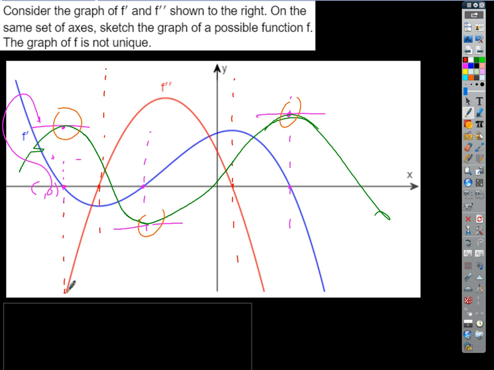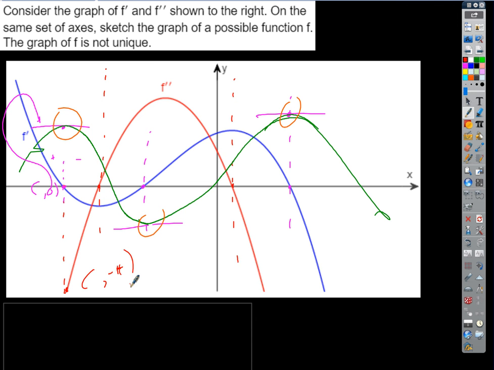Everybody agree? If I look at this point on the second derivative function, I'm going to get some x value. All I know that I'm getting for a y value is a negative number for my second derivative function. So if I know I've got a horizontal tangent to the curve plus a negative second derivative, what does that have to be? It's got to be a maximum, doesn't it?